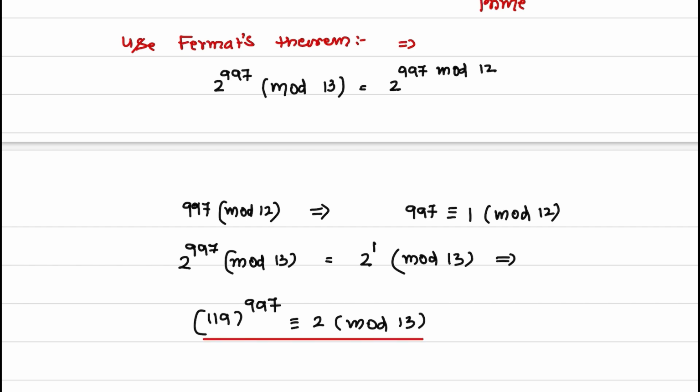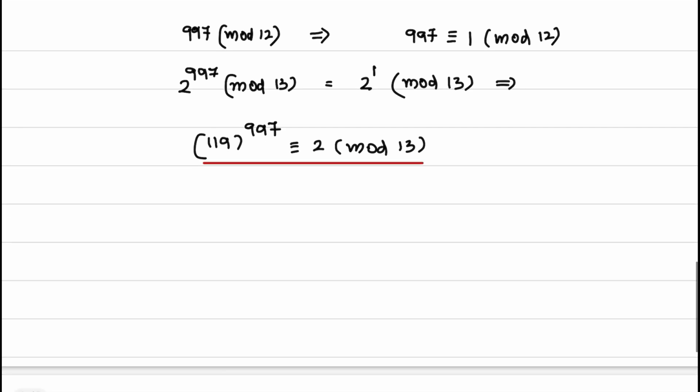Now, from equation 2, 119 to the power of 997 mod 19 is equal to how much? We have to find that out.